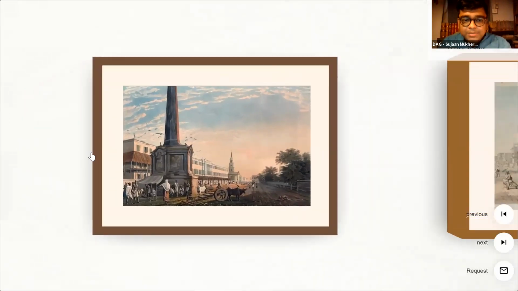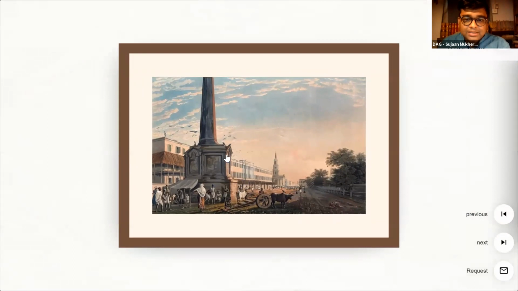Which brings me to the point about this painting, which is basically this large obelisk that was planted here. And this takes us back to the Battle of Plassey. One of the things that leads to the Battle of Plassey is Sirajuddaula, the Nawab of Murshidabad, who laid siege to Calcutta, to Fort William, which was the British fort in the city, in 1756.